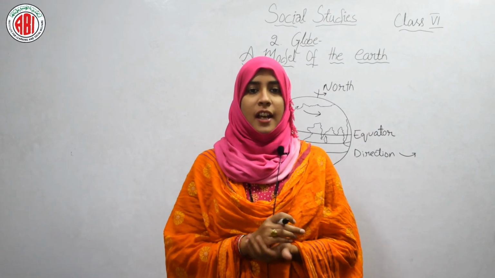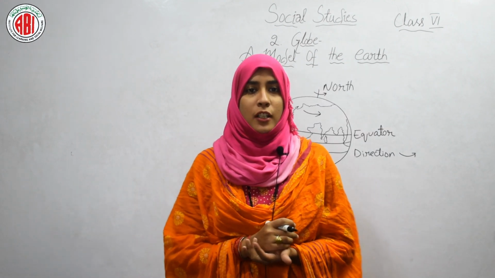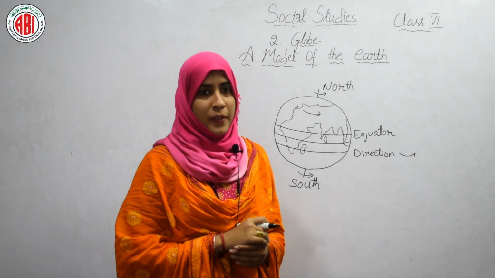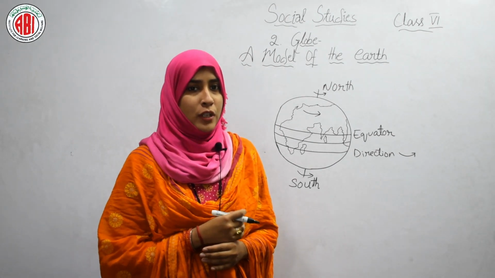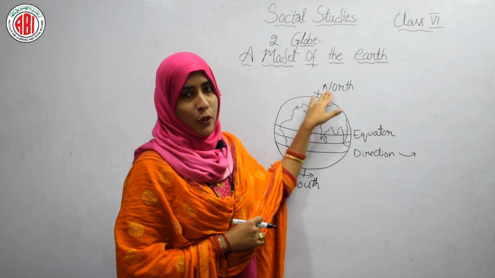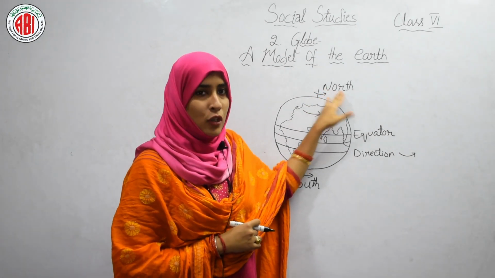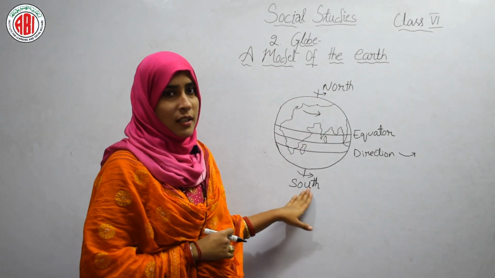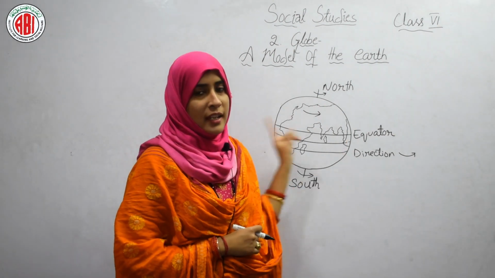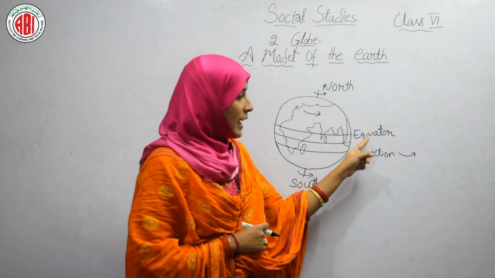Here I have drawn a rough diagram of a globe. It is actually not perfect in shape, but let's focus on the poles. This pole represents the northern part of the globe, and this pole represents the southern part of the globe, and the middle part of the globe is called the equator.